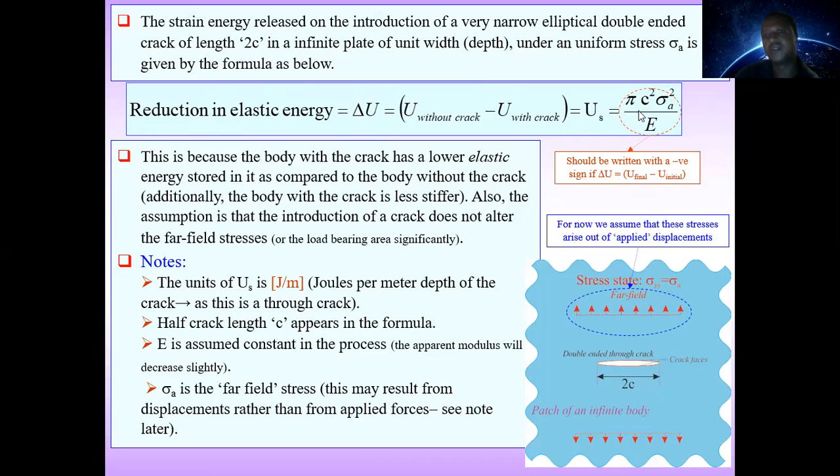Us is equal to πc²σA²/E, and should be written with a negative sign when we reverse the direction, if it is U final minus U initial. This is because the body with a crack has lower elastic energy stored in it compared to the body without crack.